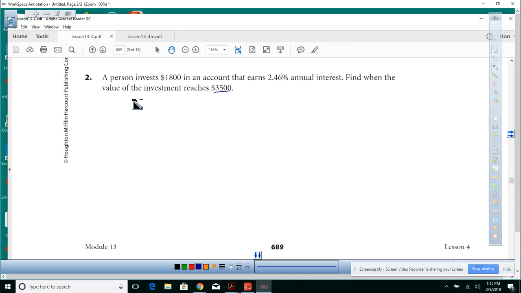So we're going to do like we did before. F of t equals $1,800 times 1 plus 0.0246 to the t power, and then f of t equals $3,500. And you can also do this one in your calculator, not on your graph.